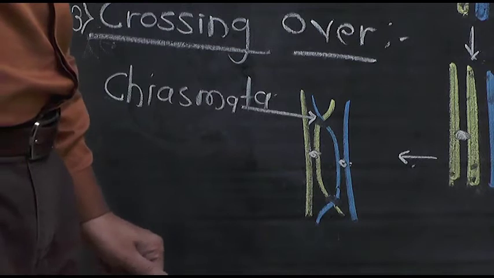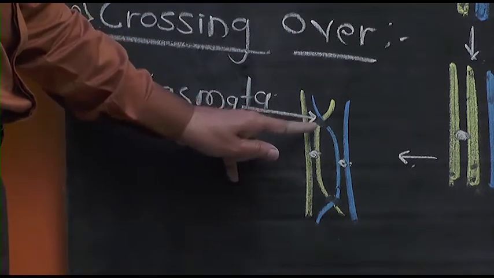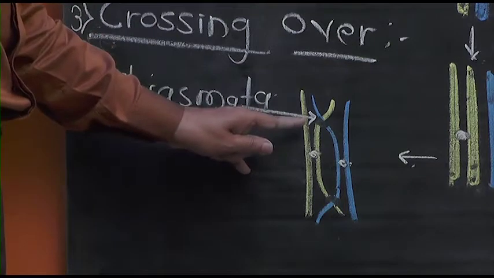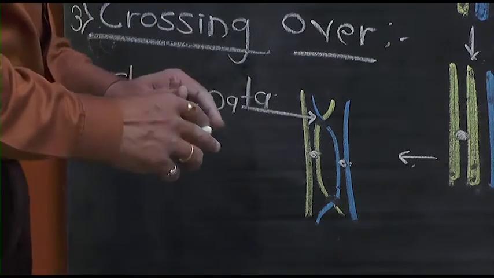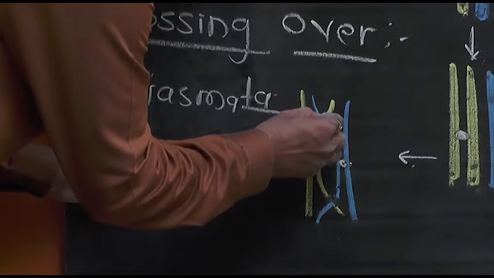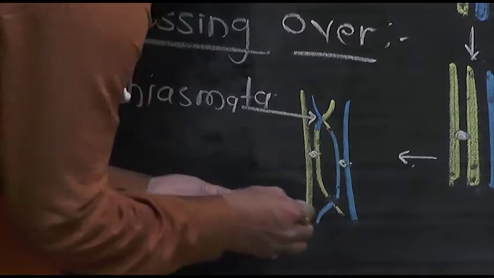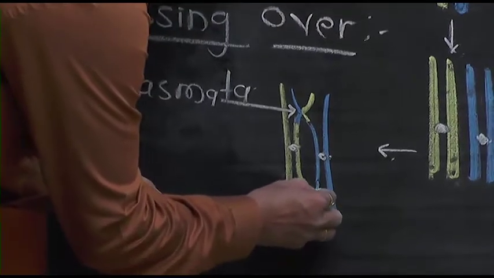Under the influence of the enzyme restriction endonuclease, the chromatids break at the point of crossing over, that is at the chiasmata, and again they rejoin with the opposite chromatid by the influence of the enzyme DNA ligase.